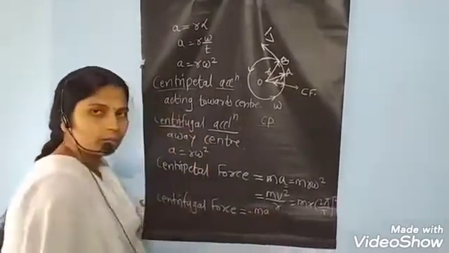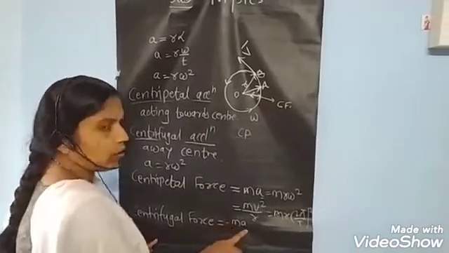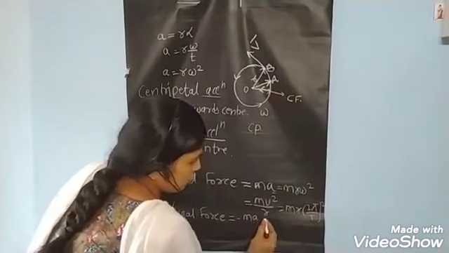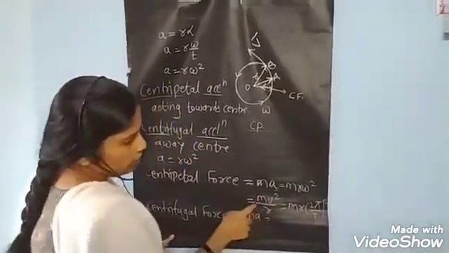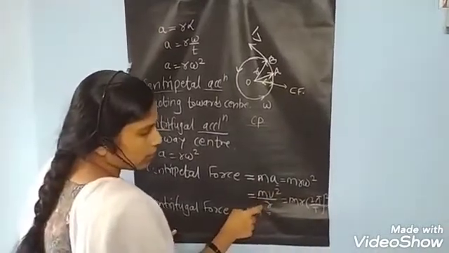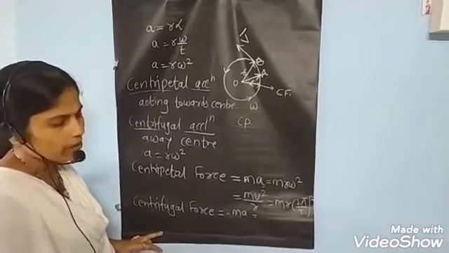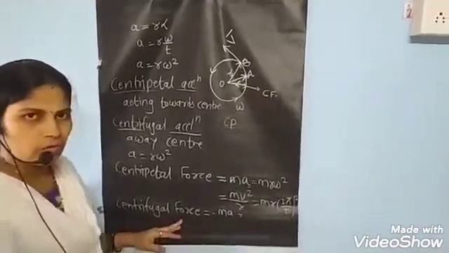So we write a minus or negative sign, which indicates that it is acting away. So mass into acceleration is equal to m r omega square, or minus m v square by r, or m r into 4 pi square upon t square. This is about the centrifugal force.